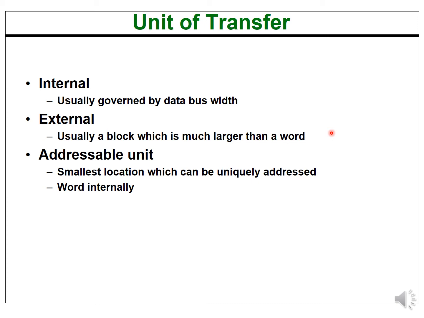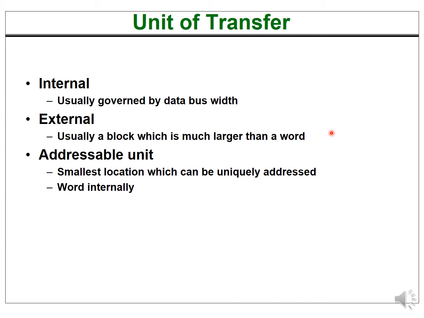Then the third and important point is addressable unit. An addressable unit is the smallest unit of data that can be addressed. Let me specify. The computer may be word addressable, okay?